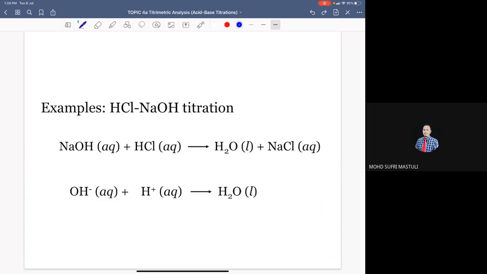The sodium Na+ will combine with Cl-, and OH- will combine with H+. So as you can see, the product is sodium chloride and also water. At the equivalent point, the hydroxyl will react with proton or hydrogen to form H2O.